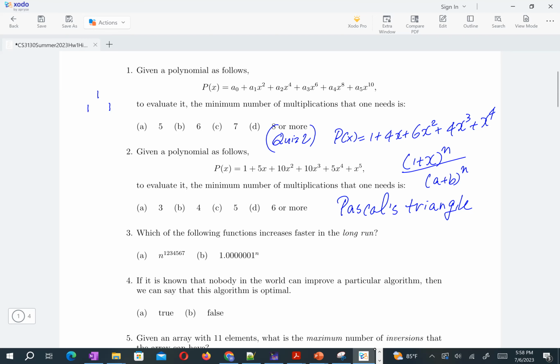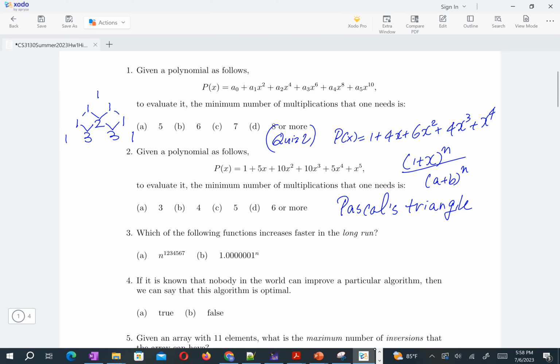Then when n equals 2, 1 here, the number 2, you add up the 2 numbers on the shoulder, you get 2, and 1 here, because you only get 1 number you can use. n equals 3, 1, 3, 3, 1, adding up these 2 numbers.